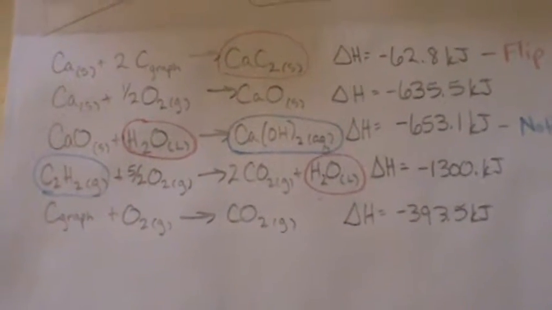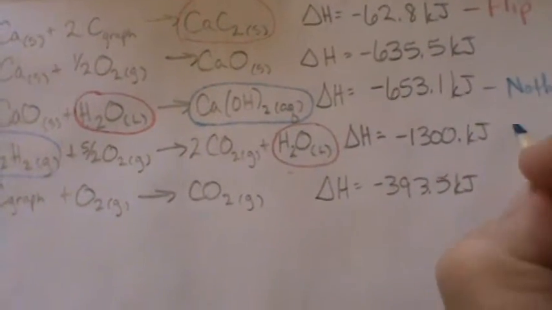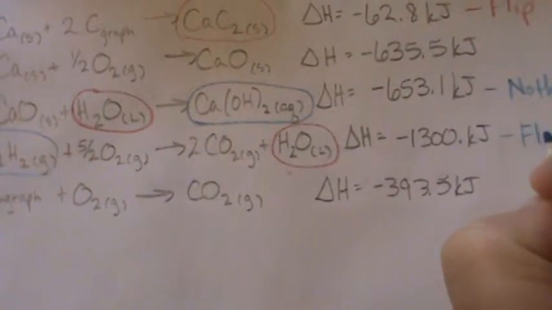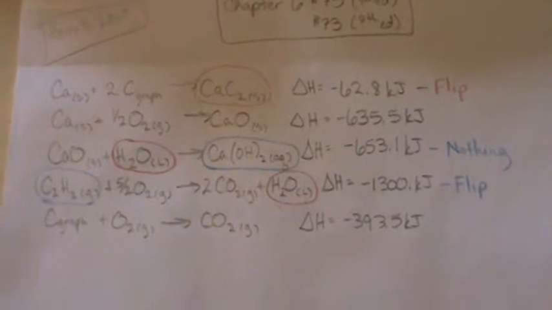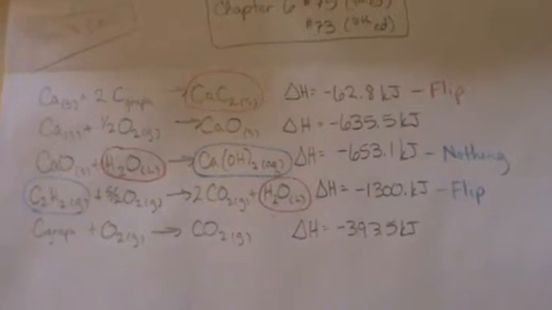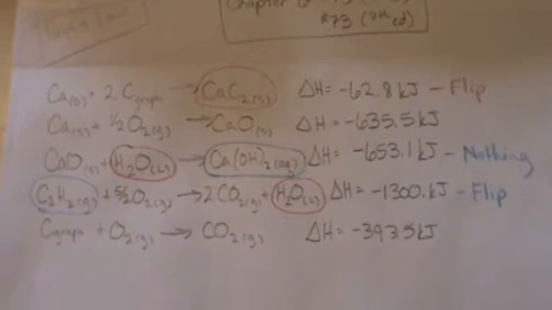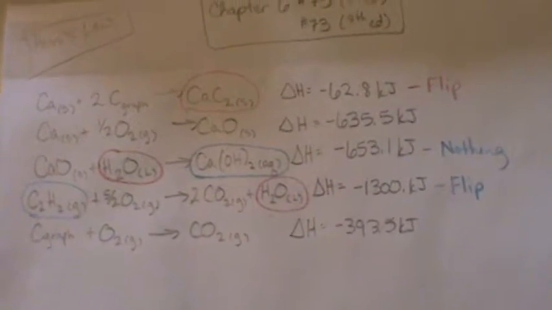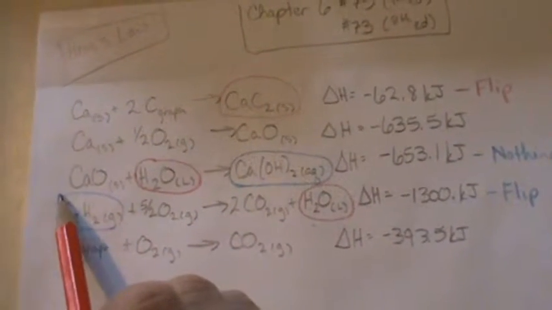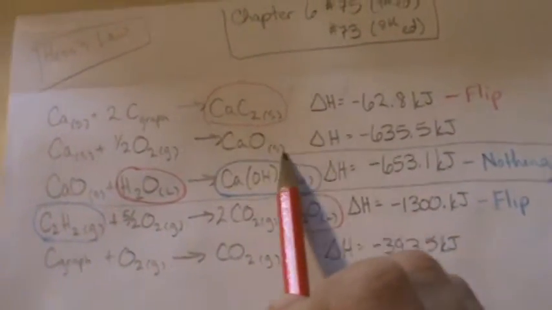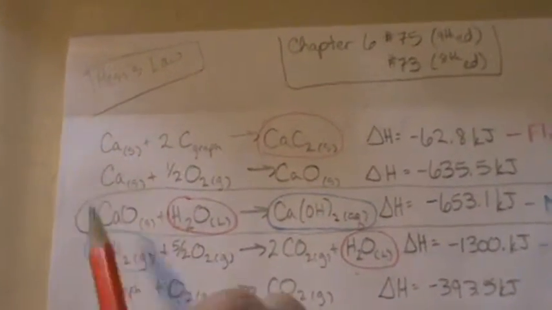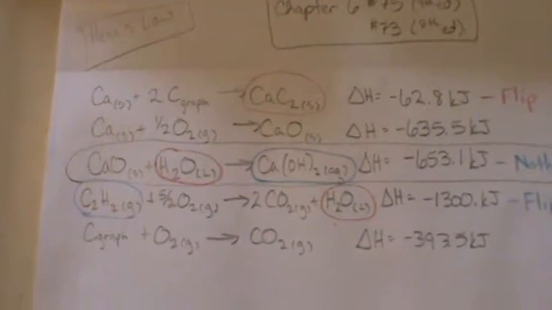So this one I think will work lovely if I flip it as well. That means that everything else is going to end up being used to cancel things out. The equation that I'm not changing, I'm going to circle so that I realize that I'm going to be using it. Now let's start manipulating some of these.